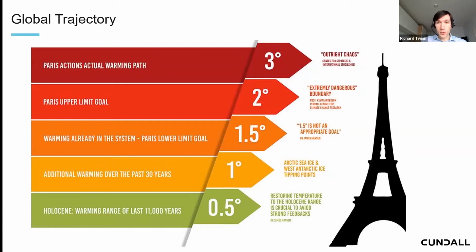Now, the Paris Agreement was signed 5 years ago now, with the aim of trying to limit global temperature increases to ideally 1.5 degrees, but 2 degrees as an upper limit. It seems almost certain that we are going to break through the 1.5 degree barrier in the next decade or so, and all of those impacts that I just outlined will become more acute through that.